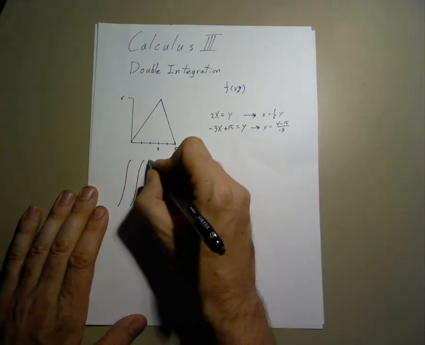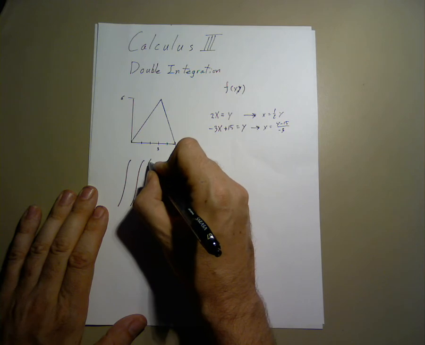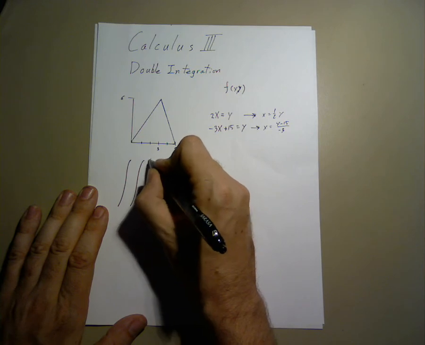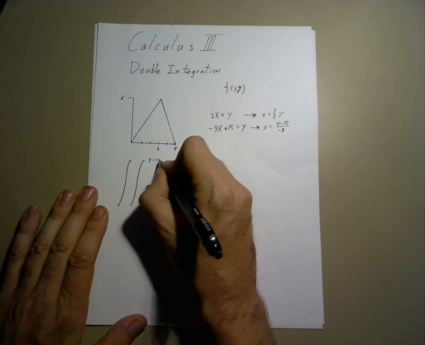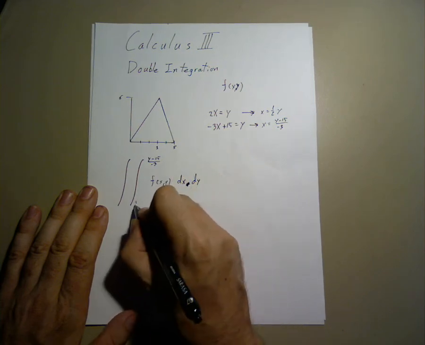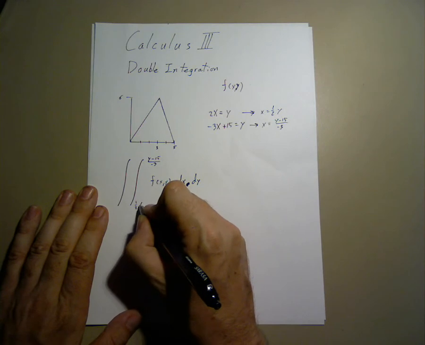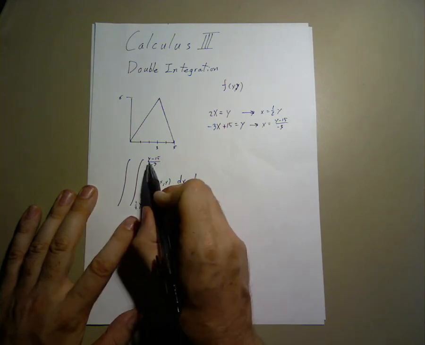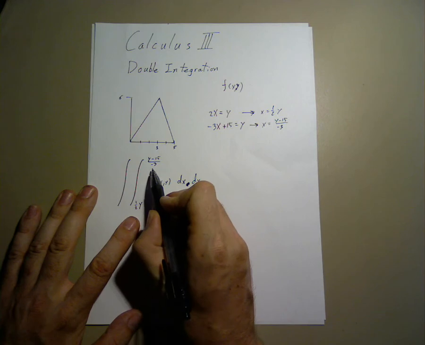And so we integrate from 1/2 y to (y minus 15) over negative 3.